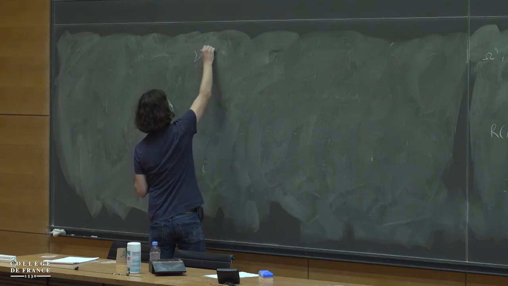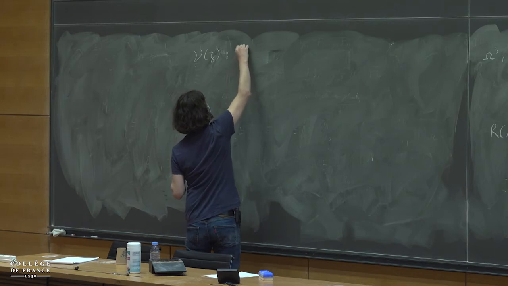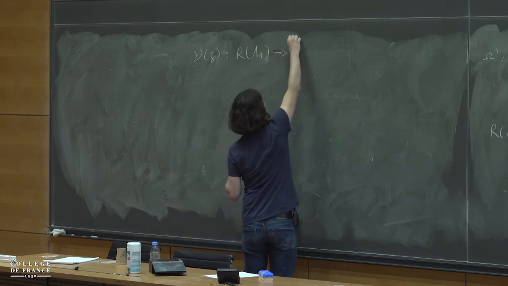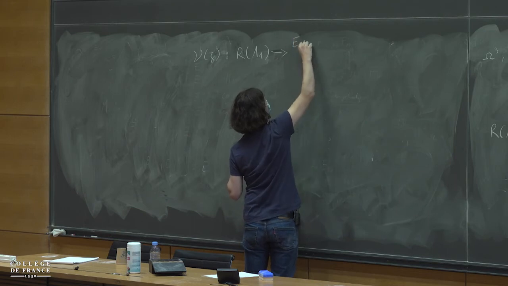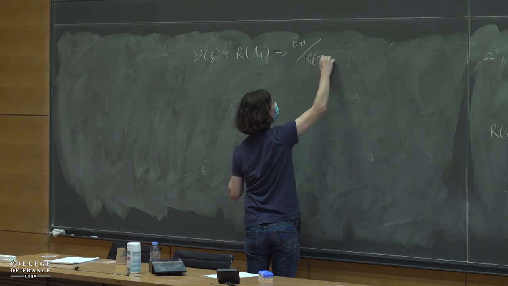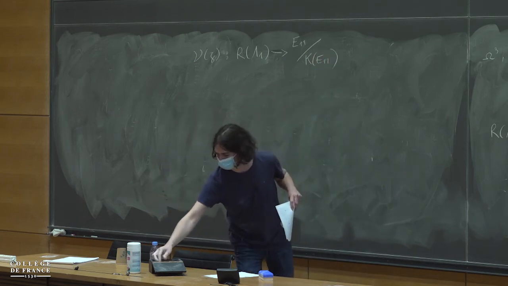You have functions of Z that start from the module R lambda 1 and go to the symmetric space E11 divided by some almost compact involutive subgroup. So this, by definition, is a Cartan involutive subgroup.